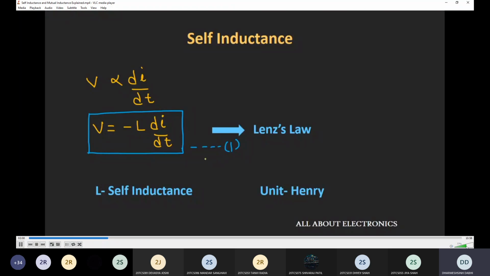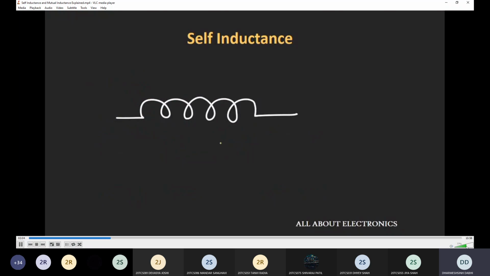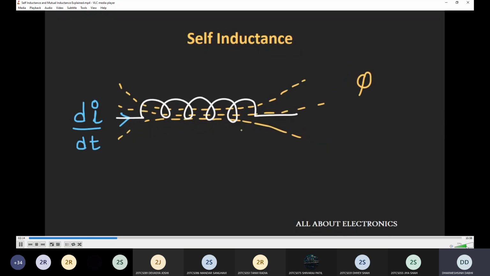Now let us find the expression for inductance in terms of magnetic flux. Let us say we have one coil in which current I is flowing. Because of the flow of current there will be a magnetic flux phi generated. If the current flowing through the coil is time varying, the magnetic flux generated will also be time varying.